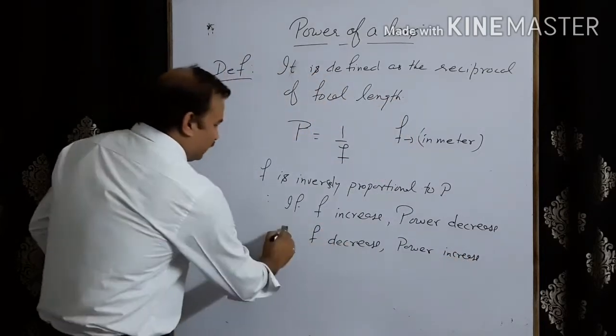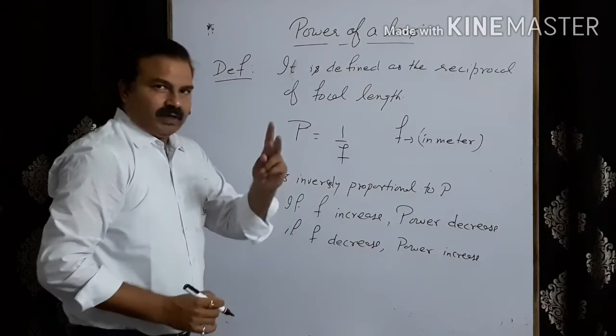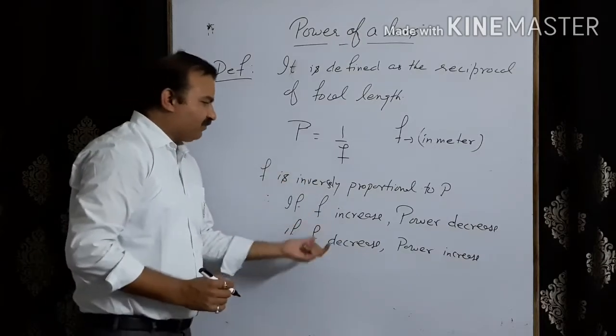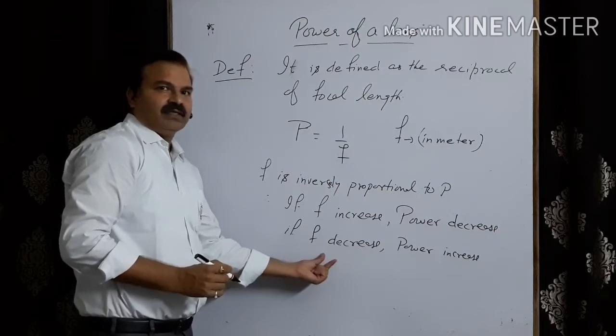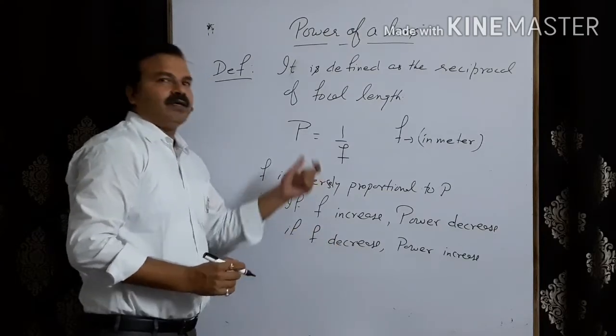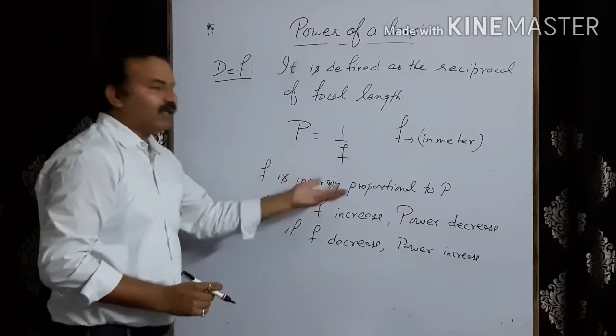It means that if in two lenses, one lens has a smaller focal length, then it will have more power as compared to the other one.